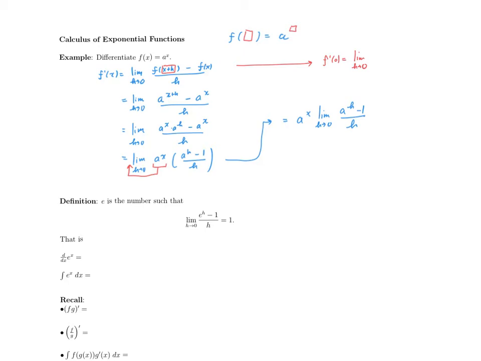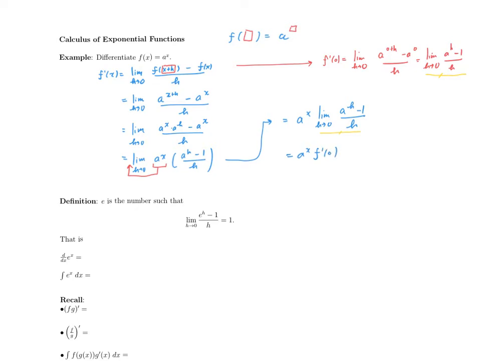So this would be a to the 0 plus h minus a to the 0 over h, which can be simplified as a to the h minus 1 over h. And this limit, which represents f prime of 0, is precisely the limit that we resulted in. So this is equal to a to the x times f prime of 0.